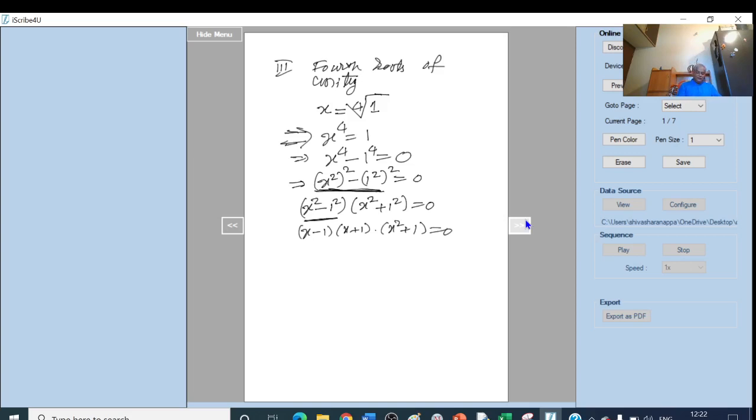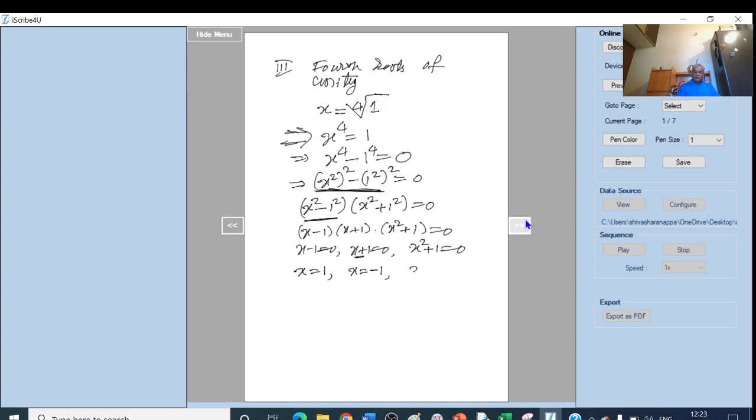And this gives x minus 1 equal to 0, x plus 1 equal to 0, x square plus 1 equal to 0. So that is here, x minus 1 equal to 0 means x is equal to 1. x plus 1 equal to 0 means x is equal to minus 1.